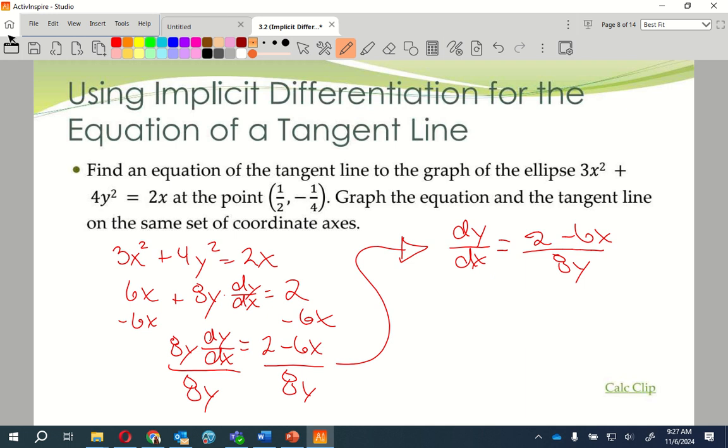By 2. Reduce by a factor of 2, can I? So yeah, if you're looking at a multiple choice answer, factor 2, so it'd be 1 minus 3x over 4y.